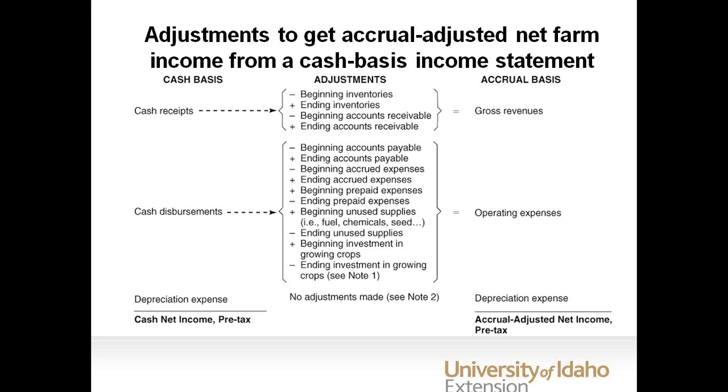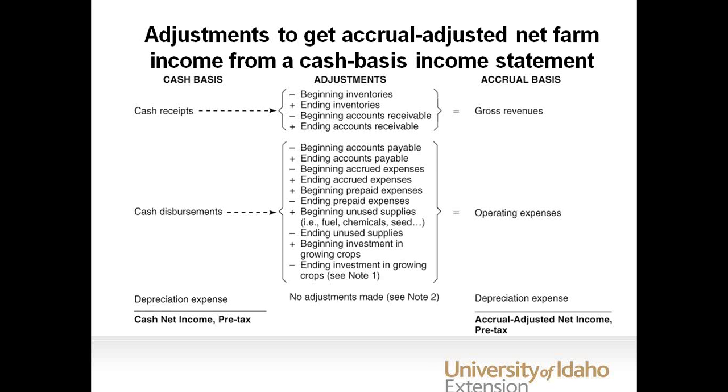So if inventories increased, the difference is added back into the gross revenues. If inventories dropped, in other words you sold out of inventory, the difference is taken out of the gross revenues, in order to adjust for the fact that inventories dropped. I hope you can see that.